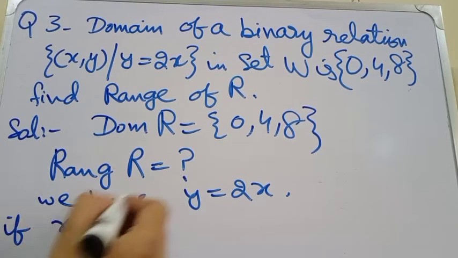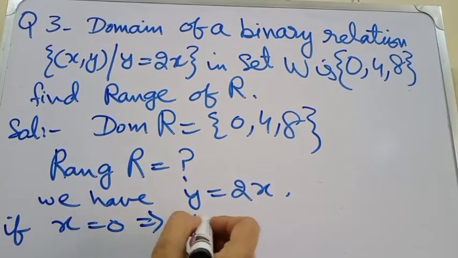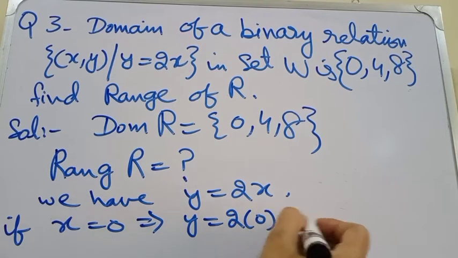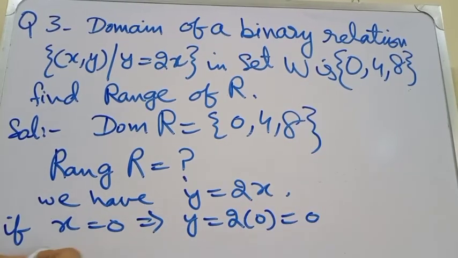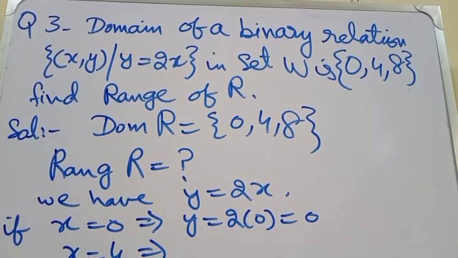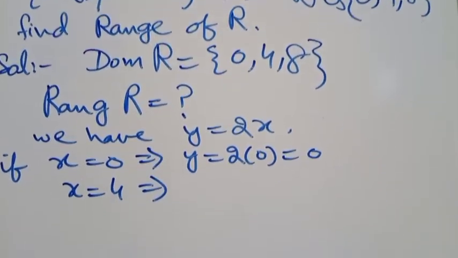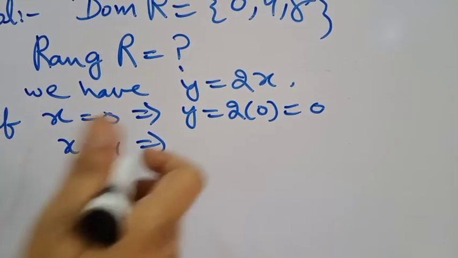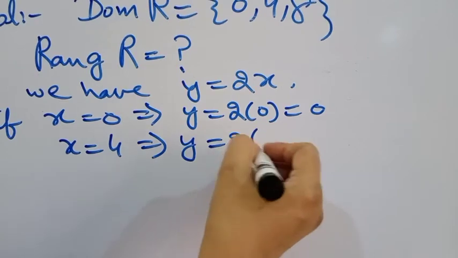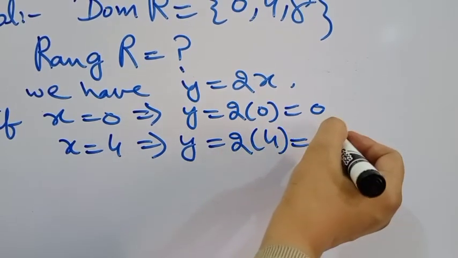If x is equal to 0, it implies y is equal to 2 into 0, which is equal to 0. x is equal to 4 implies y is equal to 2 into 4, 4 2s are 8.